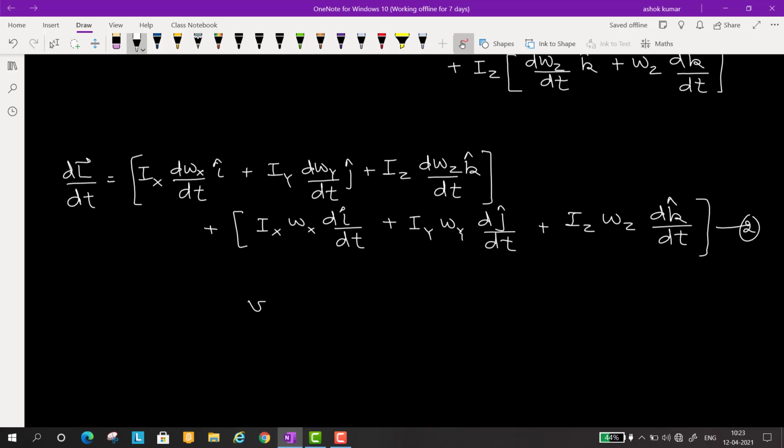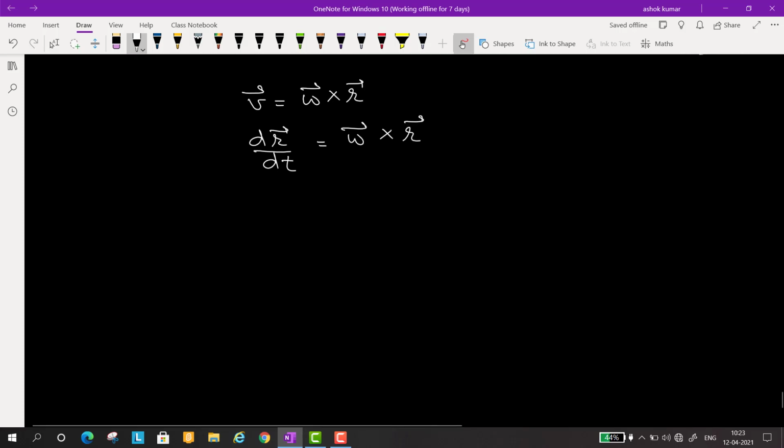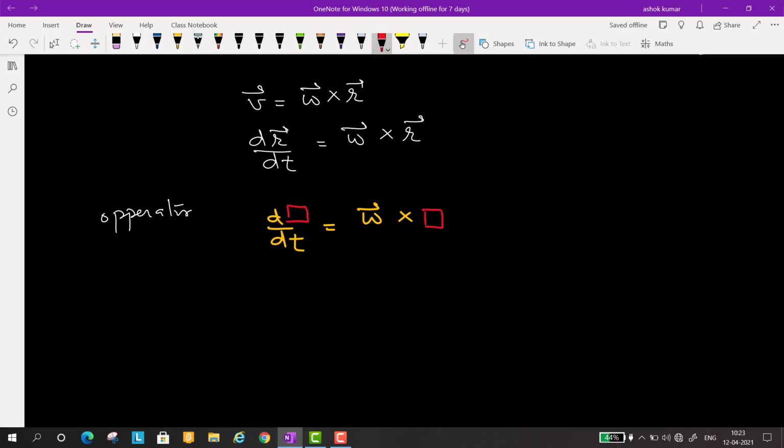So as we know that v is equal to omega cross r, so we can write this as velocity, dr by dt. So from here we get the operator. It is of the form d by dt equals omega cross. So here we can write anything, any vector.